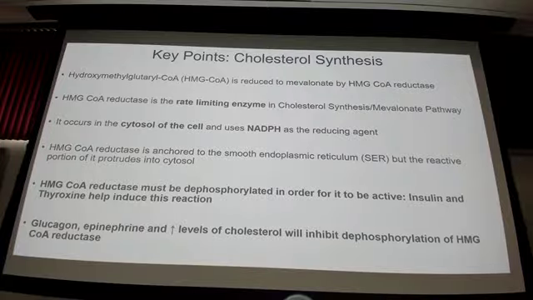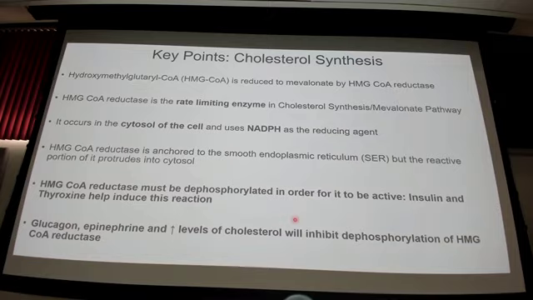Did I say something different when I explained it? For the review, you said that high levels of cholesterol would activate SREBP2, and that's going to inhibit translation, preventing the synthesis of HMG-CoA reductase. But the slide says something different.